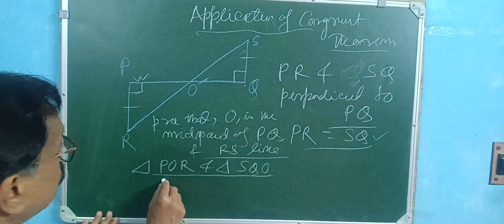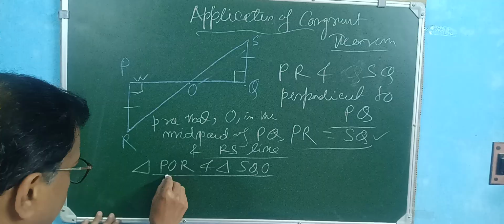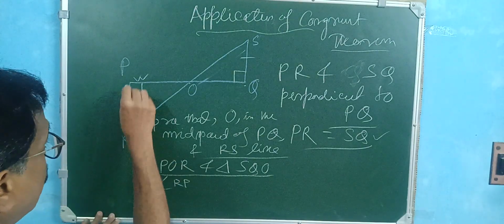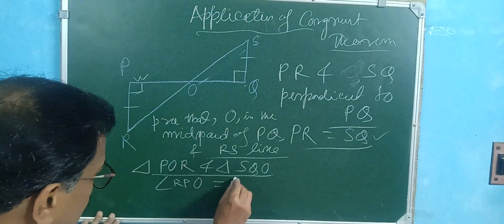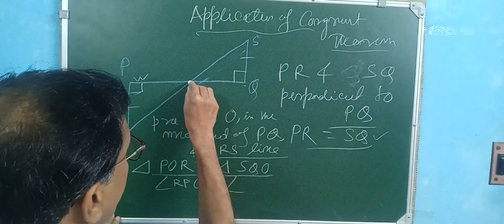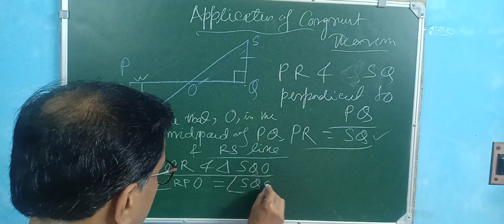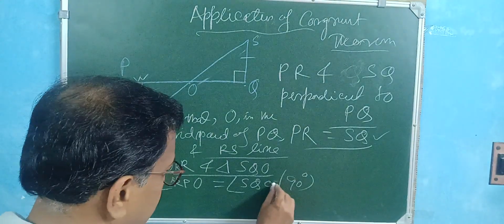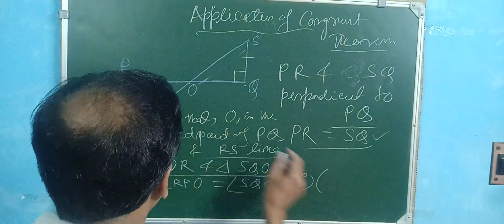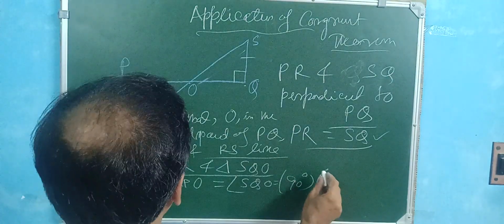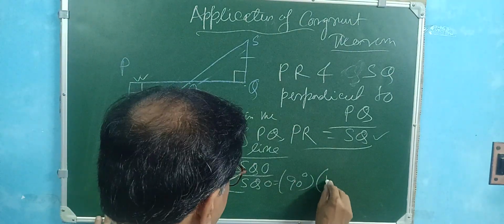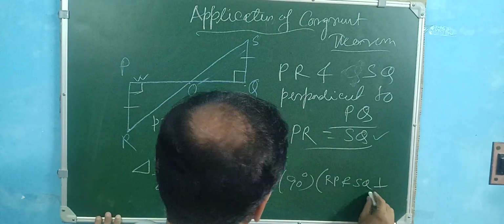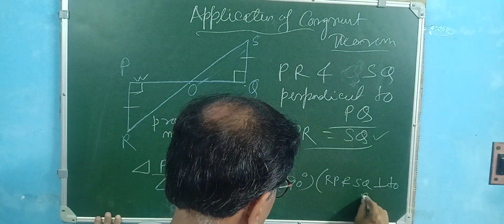So one is this angle RPO is equal to angle SQO, because 90 degree equals 90 degree. What is the given? The reason is the perpendicular, that means RP and SQ are perpendicular to PQ.